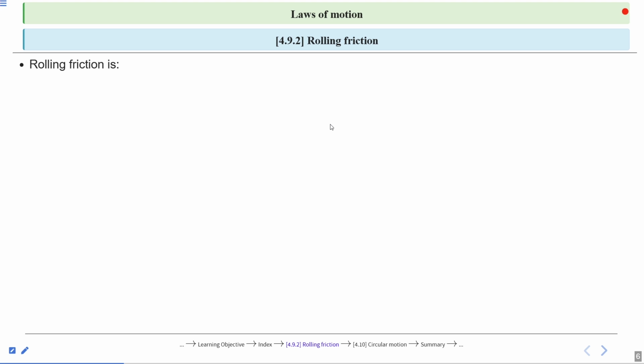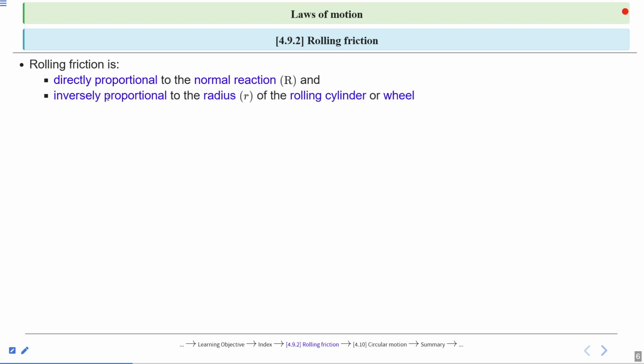Rolling friction is directly proportional to the normal reaction R and inversely proportional to the radius r of the rolling cylinder or wheel. Here small r is the radius of the rolling cylinder and capital R is the normal reaction. So mathematically, rolling friction is equal to mu r divided by small r.